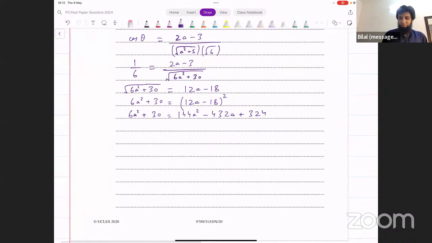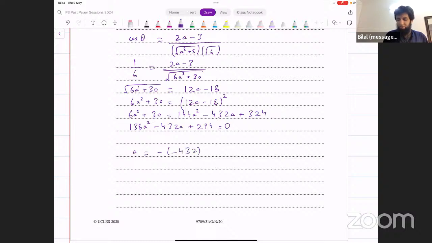Okay, now let's simplify everything. 144 minus 6, that's 138A squared minus 432 times A plus 294 equals 0. Okay, now you can simplify this if you want, but it's not needed as such. You can just put everything in the quadratic formula directly and then write down the answers directly.